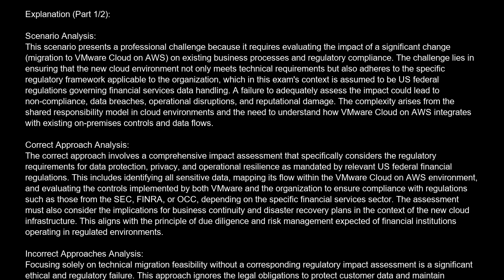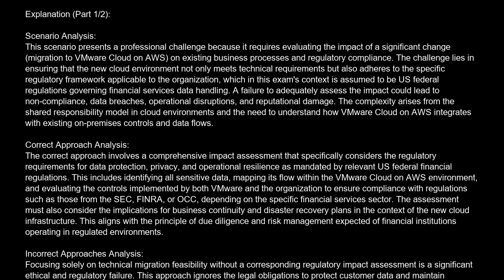Correct approach analysis. The correct approach involves a comprehensive impact assessment that specifically considers the regulatory requirements for data protection, privacy, and operational resilience as mandated by relevant U.S. federal financial regulations. This includes identifying all sensitive data, mapping its flow within the VMware Cloud on AWS environment, and evaluating the controls implemented by both VMware and the organization to ensure compliance with regulations such as those from the SEC, FINRA, or OCC, depending on the specific financial services sector.